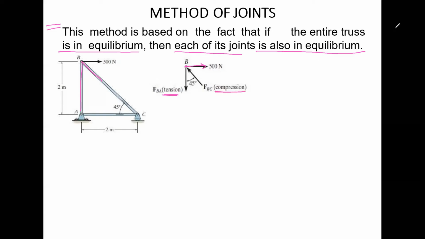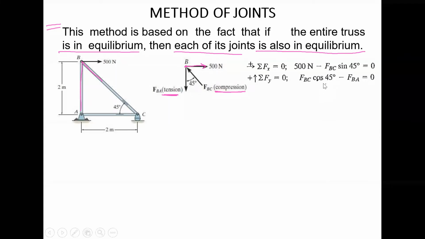Now let's apply the force balance equations. Balancing the forces acting horizontally on point B, 500 Newton is acting horizontally and FBC is acting opposite to this 500 Newton, so we take a minus sign and we get: 500 minus FBC sin 45 degree equals 0. Balancing the vertical forces, we get FBC cos 45 degree minus FBA equals 0.